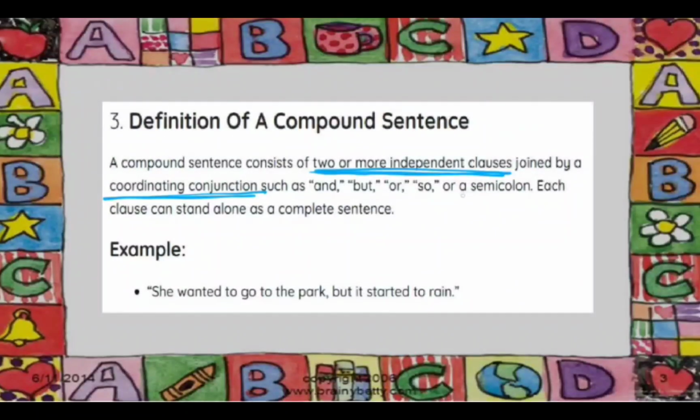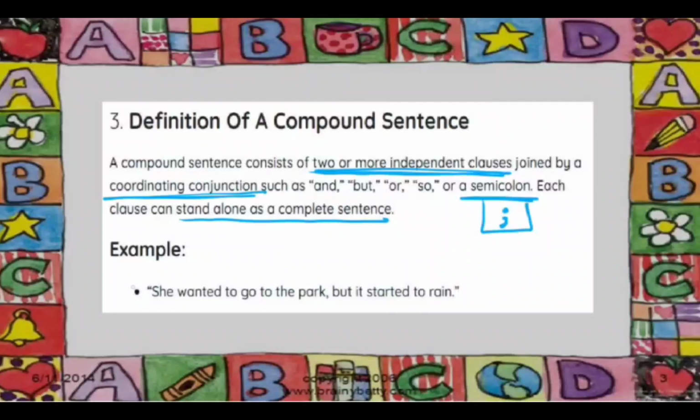Okay, but if there is no coordinating conjunction, but you see a semicolon, children, what's a semicolon? A dot and a comma below it. That's a semicolon. So if you see a semicolon between two sentences, even that kind of sentence is a compound sentence. Each clause can stand alone as a complete sentence.